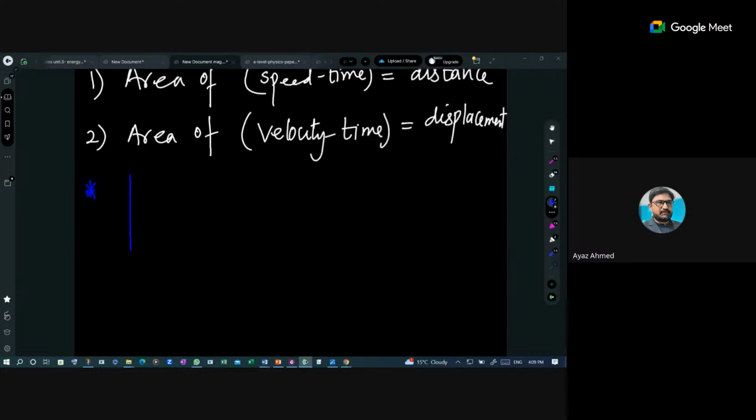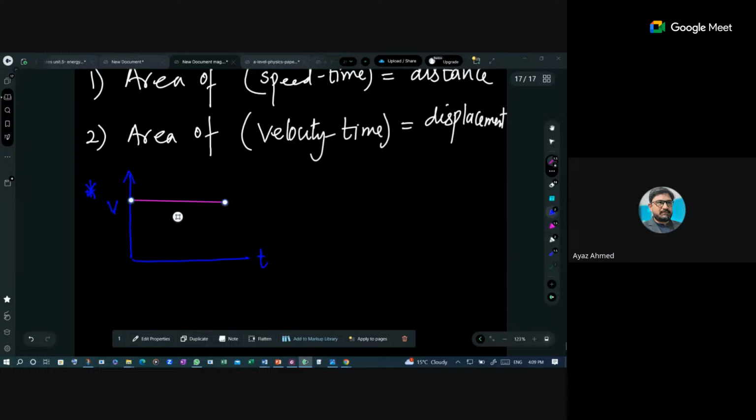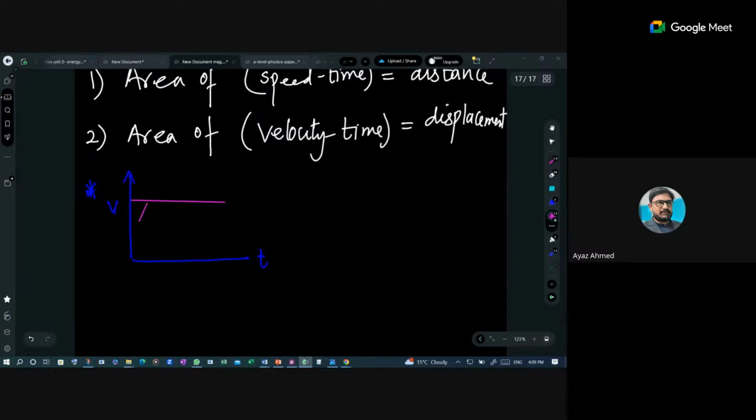So if you have this type of graph, where here it is speed and here it is time, and you have a straight line at any position parallel to the x-axis, then its area is basically the area under this graph. This is its area, right?